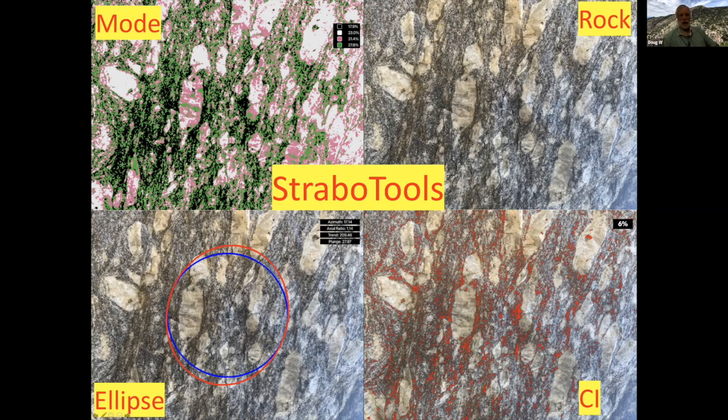This is a first shot at determining the mode of the rock based on color, and then putting some idea of preferred orientation or fabrics in. This right now is built as a standalone app, but can be brought into, or we're hoping to bring it into, the actual Strabo Spot app itself sometime soon.